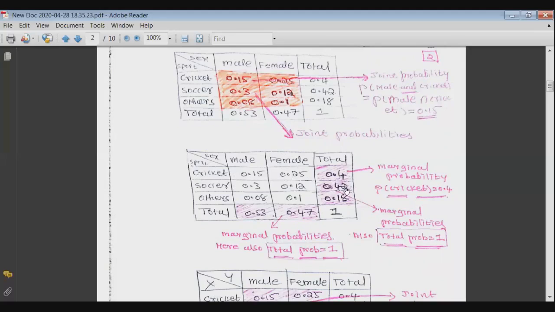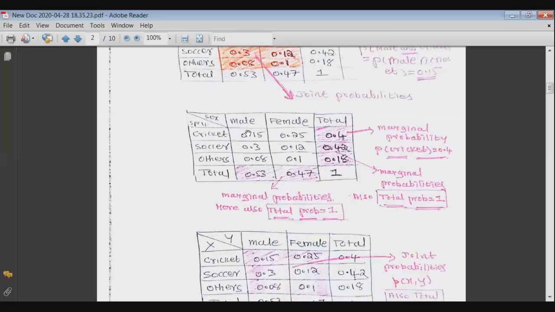Similarly, 0.42 represents that 42% of the individuals like soccer and 18% like other sports, and this 0.4 represents the probability of cricket. This is called a marginal or individual probability. This is the individual probability for cricket, this is the individual probability for soccer, and this is the individual probability for other sports, and these represent marginal probabilities.